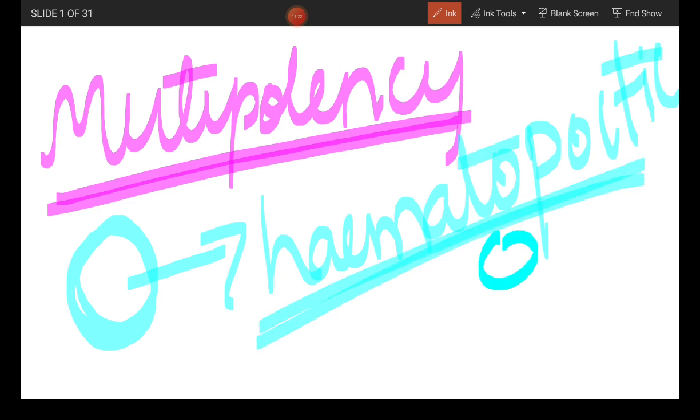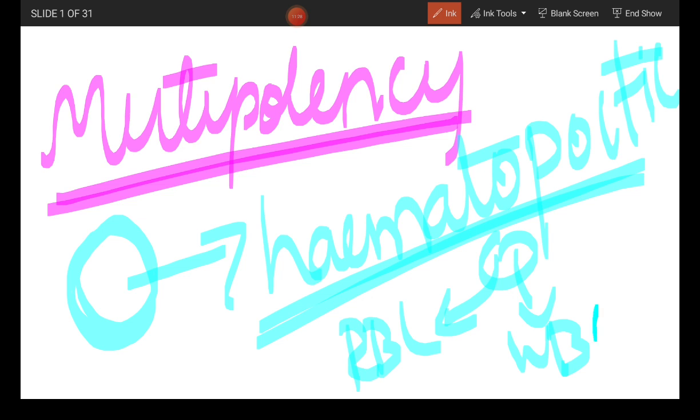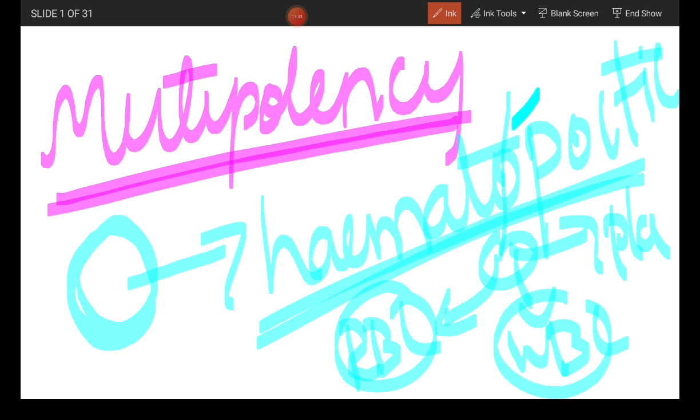It has the fate to give rise to other blood cells. It can give rise to RBC, WBC and platelets, but only blood cells. It cannot give rise to a heart cell. This is called multipotency.